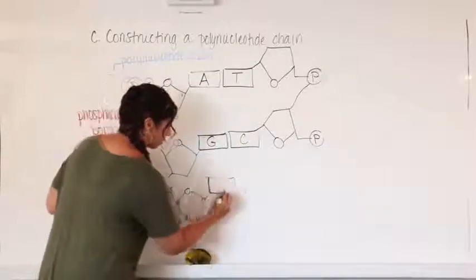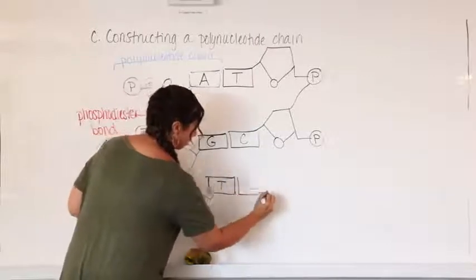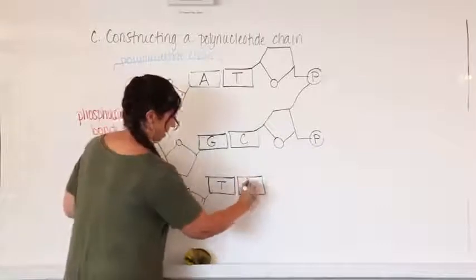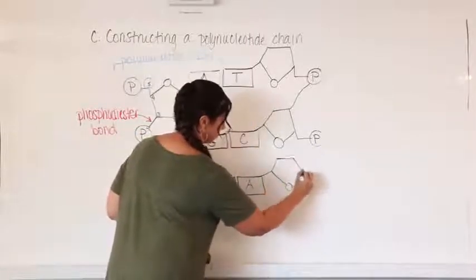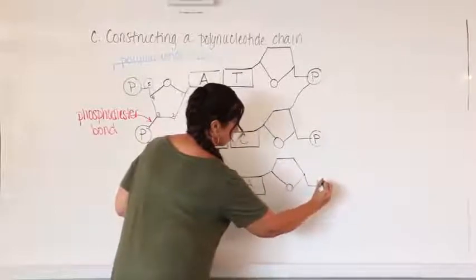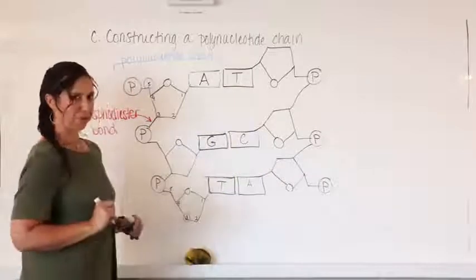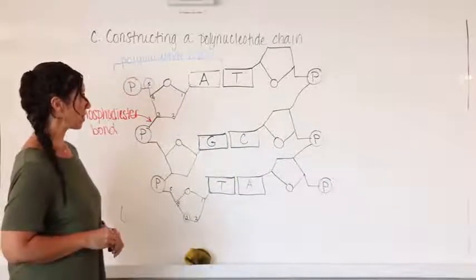So let's make up another base right here. We'll put a T here this time. If this is a T, this has to be A. Okay. It's tricky drawing these, but here's what I want you to see from this.